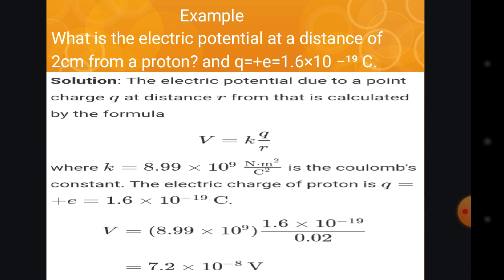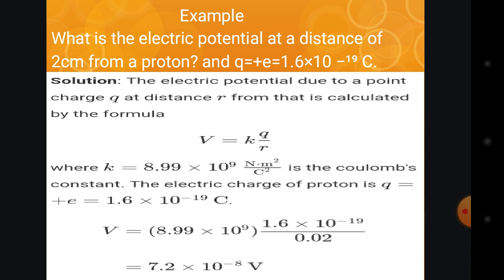In our question, K is not given because it is already constant and its value does not change, but Q and R can be changed or given. So if we put in our values, we can calculate the electric potential.